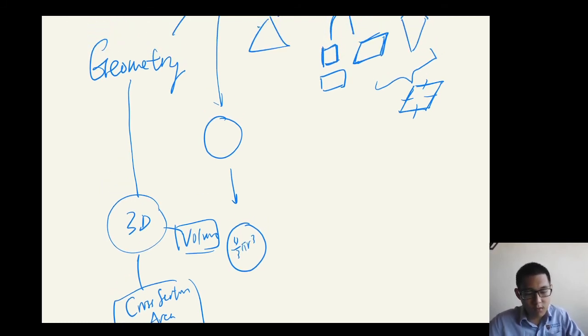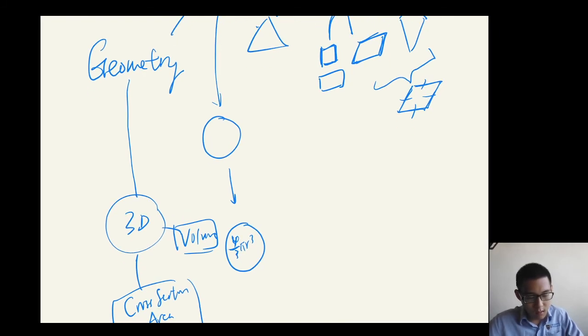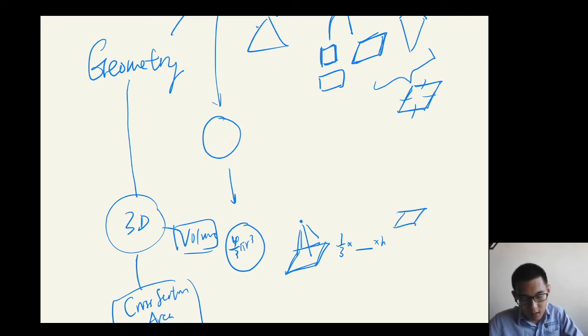You can put the formulas you need to memorize into your notes. Then if we have a base with an apex, the formula is 1 over 3 times cross section area times height. And the last one is when the base is the cross section area, we just use cross section area times height.